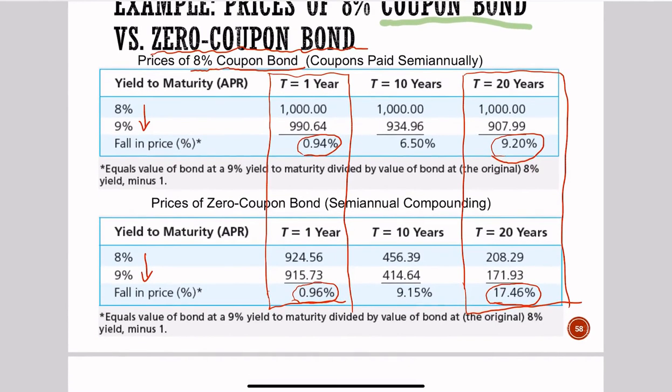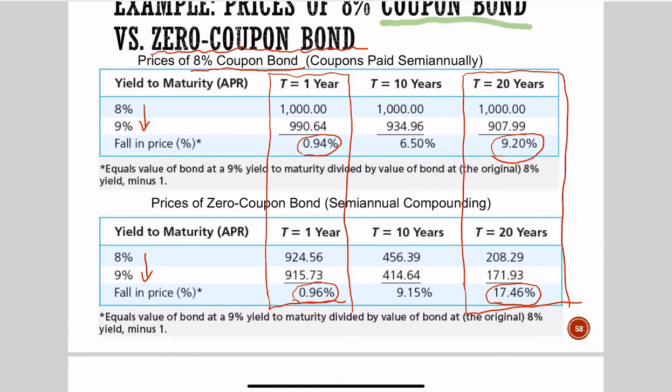So here you can see that this zero coupon bond, its price decreases more if interest rate increases. So this basically implies that it's as if the zero coupon bond has a longer maturity compared with the 8% coupon bond, right? But then you could say, hey, wait a minute.